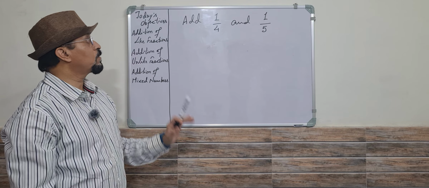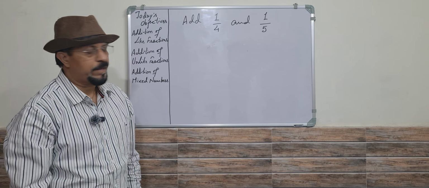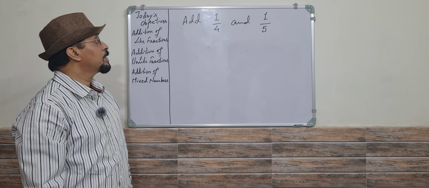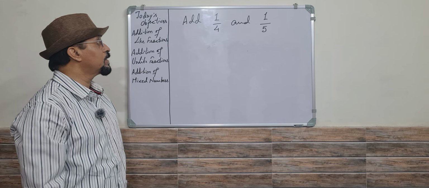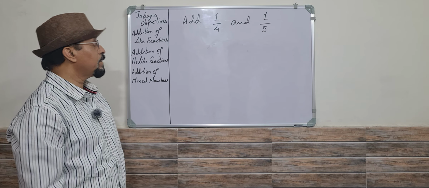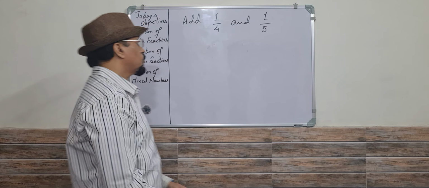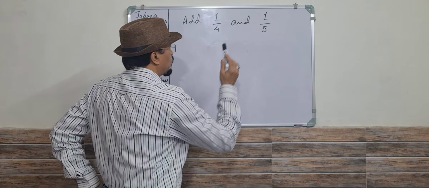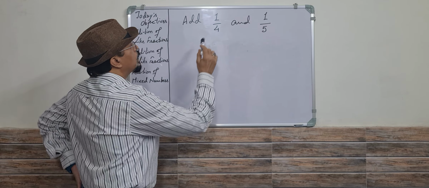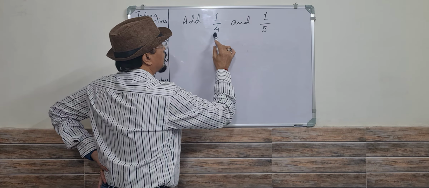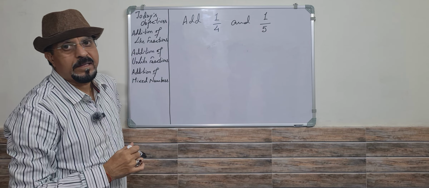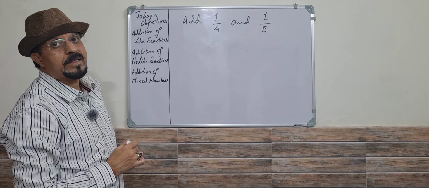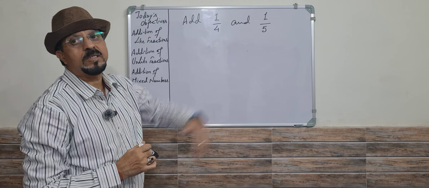So whenever we need to add two unlike fractions, the method is, first of all, we'll have to make them like fractions, or we'll have to convert them to like fractions, and then only we can add. So what is the method to do this? As I told you earlier in my previous videos, we will make the denominators of both of these fractions same, and for that we need to find the LCM of the two denominators.